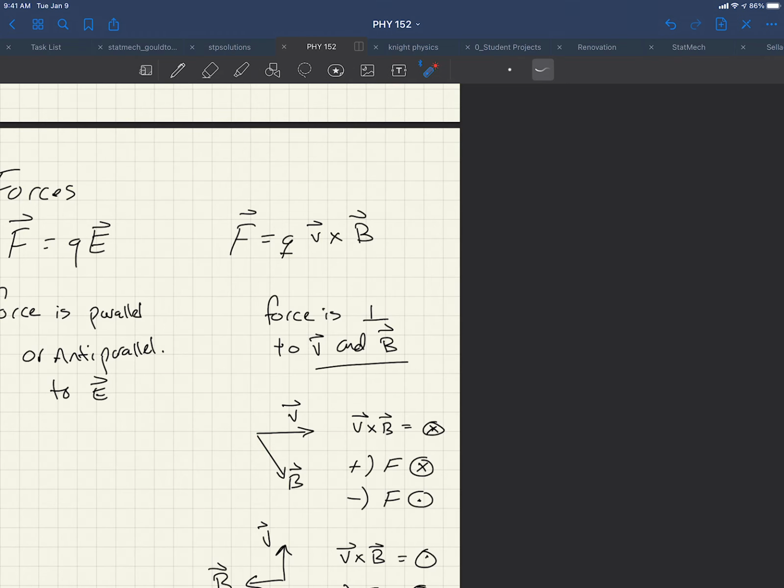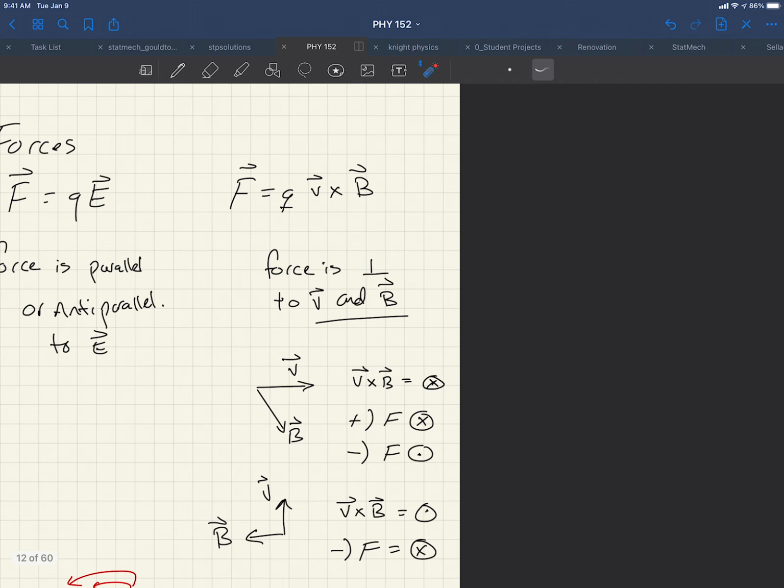Again, I have to be perpendicular to both of them simultaneously. So here we're going to get our second form of the right-hand rule. Our first form of the right-hand rule was understanding the direction of the magnetic field in response to a current. In this form of the right-hand rule, we're going to use this to understand the cross product, which the other one is too, but that's a little bit more complicated. So what we're going to do here is point your four fingers in the direction of V.